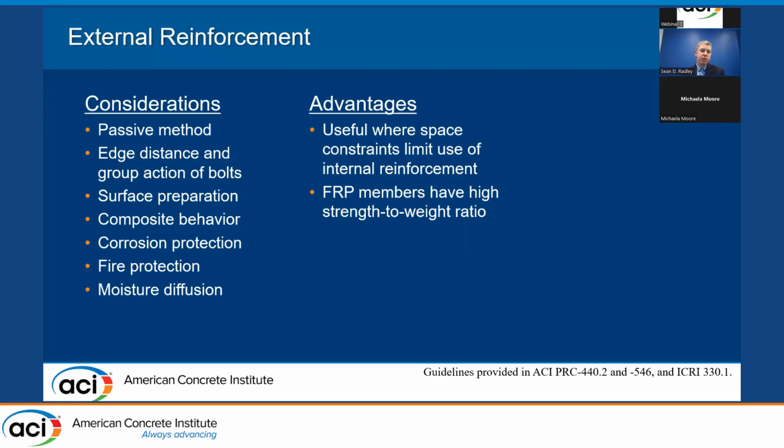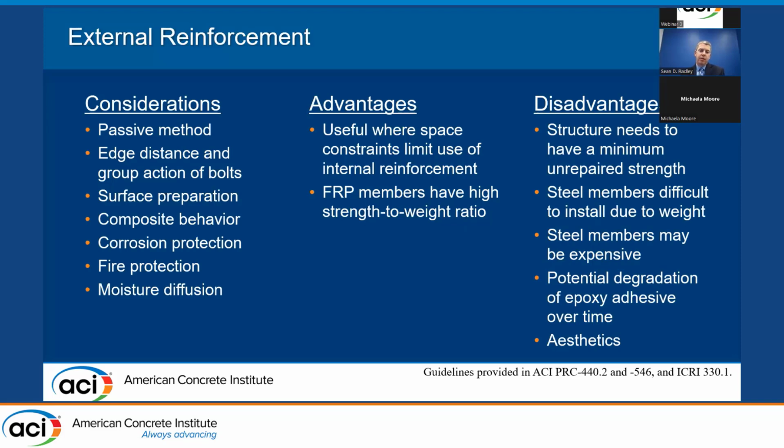This method is useful where space constraints adjacent to the existing structure may limit the use of the previous method, internal reinforcement. If FRP members are selected, that's advantageous in that they have a high strength to weight ratio.